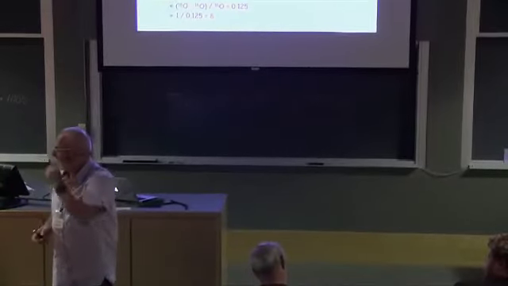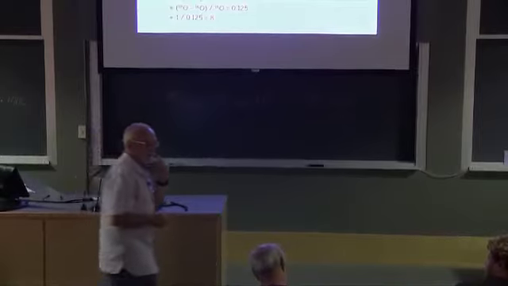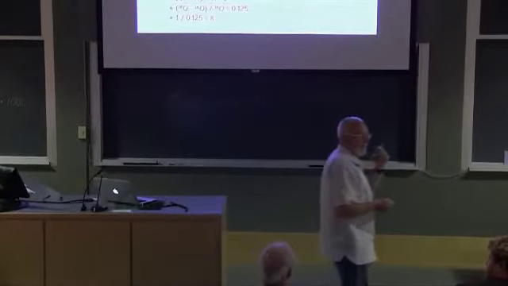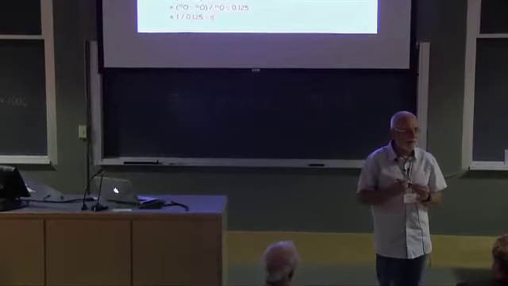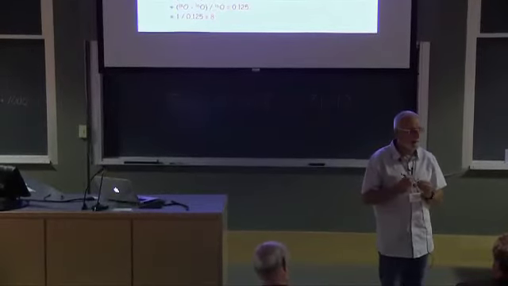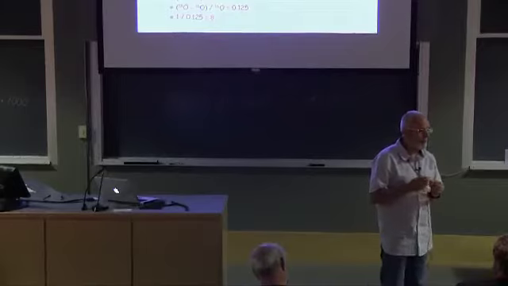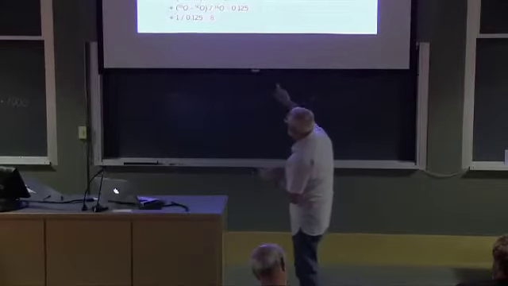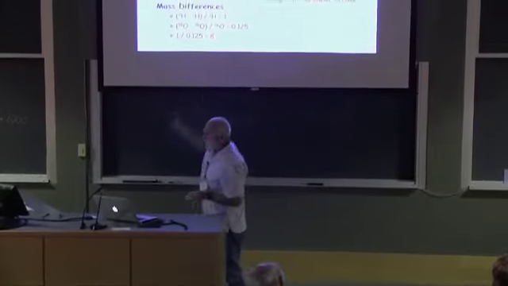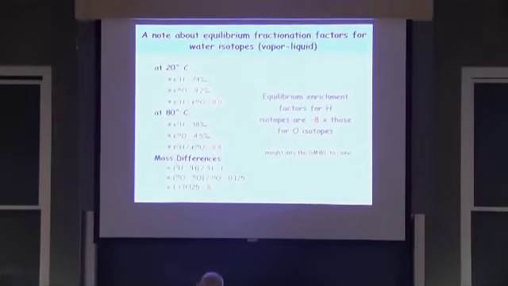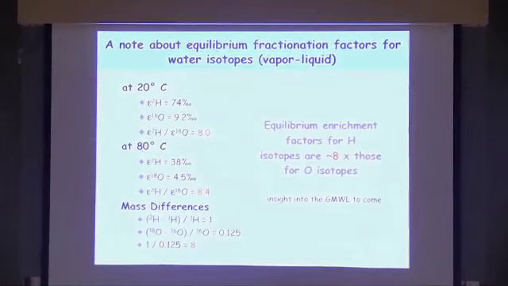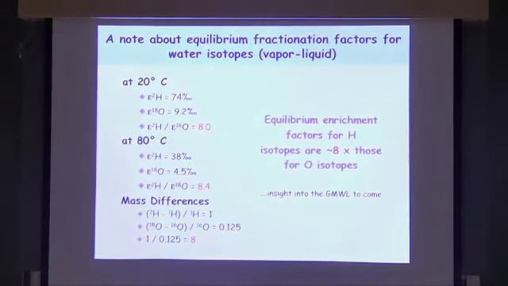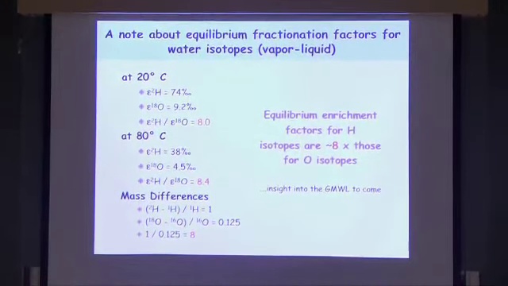The slope of that line has got to be an equilibrium process. But you'll see that the intercept of that line is not going to be 0. All right? And that means that it's not all about equilibrium. There are going to be some other things going on. So when we look at these equilibrium fractionation factors, that gives us a little bit of insight into the processes that dominate the isotope variation of water on the planet, but they're not the whole story. All right?